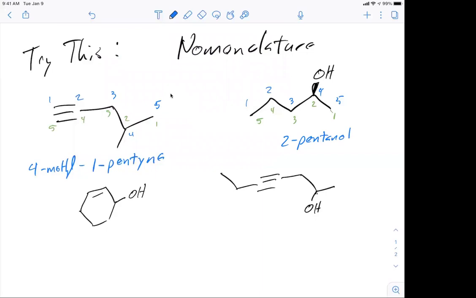But stereochemistry is indicated, so we need to look at that. Let's put in our lowest priority, going back. If we draw from 1 to 2 to 3, that's going in the counterclockwise direction. So that's S. So this is going to be (S)-2-pentanol. Questions about either of these?